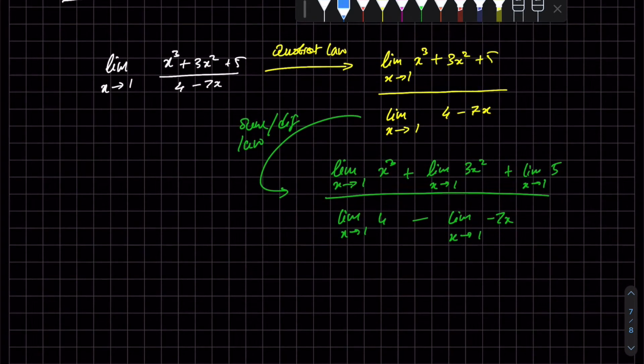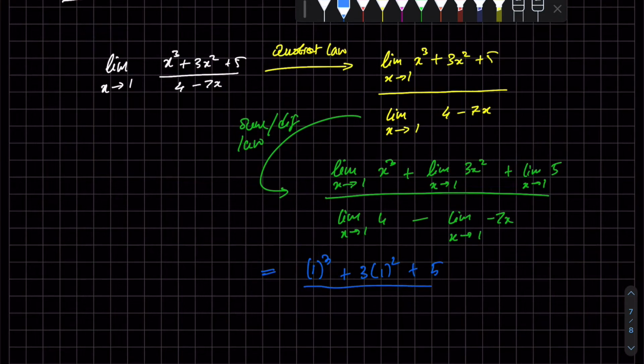And then we can eventually get the answer, right? We can just plug in 1 here. So this is 1 cubed plus 3 times 1 squared plus 5, because this is not a function of x, it's just 5.